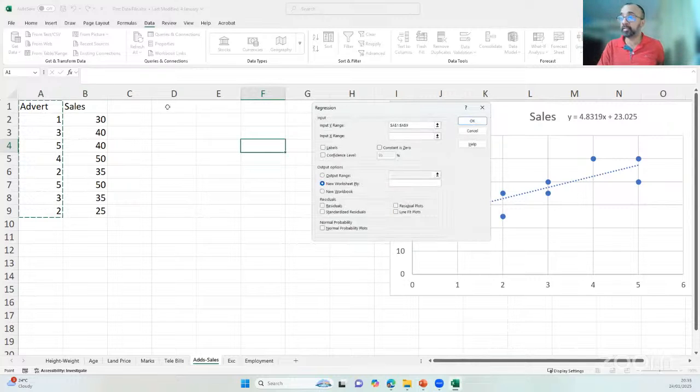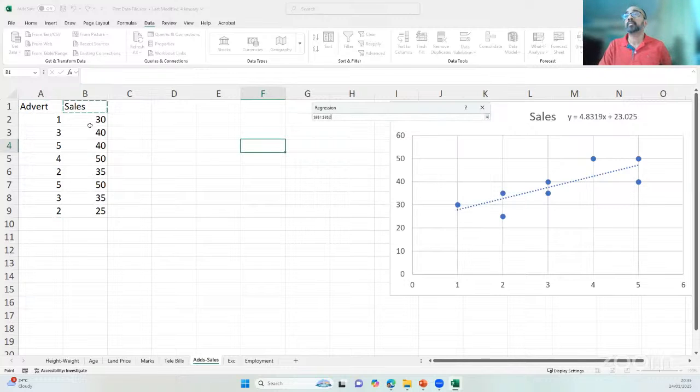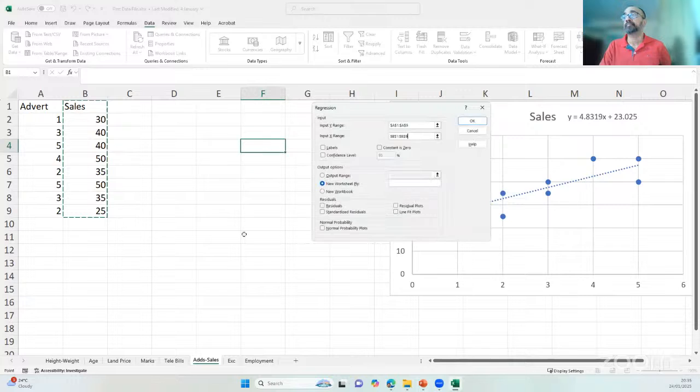I included the label also there. Then for Y range, I include sales. Then I put a tick to Labels because I have included labels in my data range. Constant is zero is not needed, so I don't put a tick there. Confidence level is something that we don't know for the moment, so I will not go there. Without that, we can move forward.